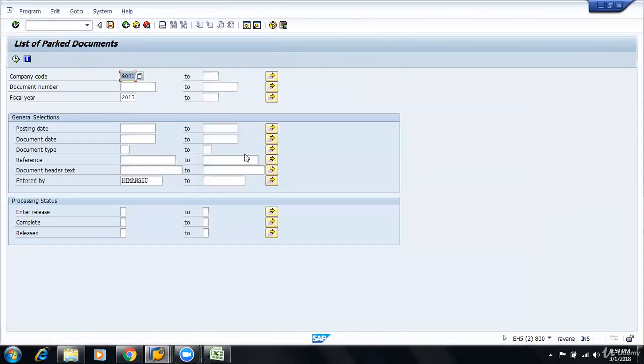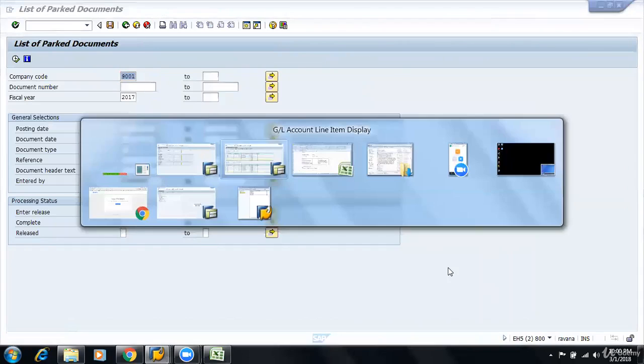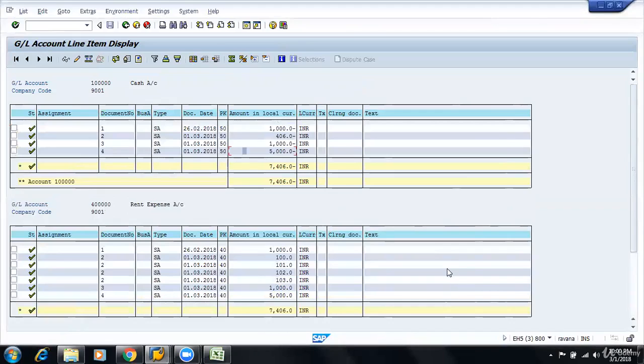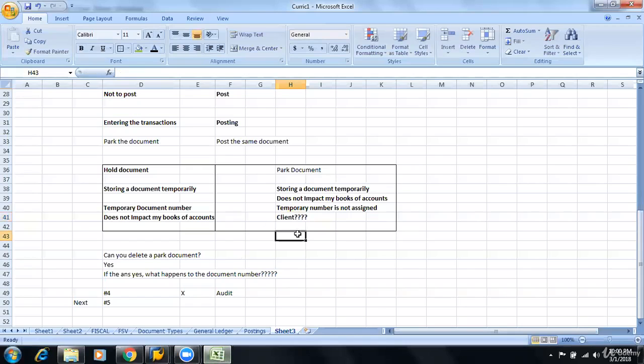Right? Now, coming back to the question, one of you might have a question saying, when hold document and parked document are stored temporarily, why aren't they used for the same purpose?